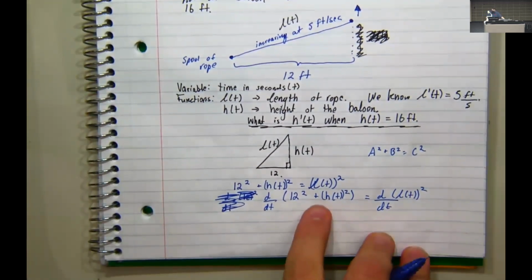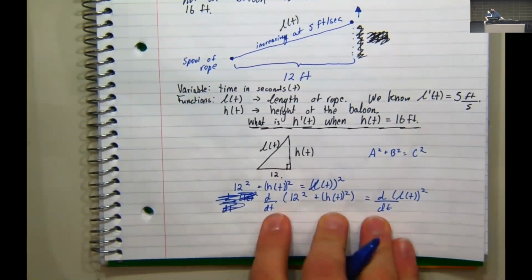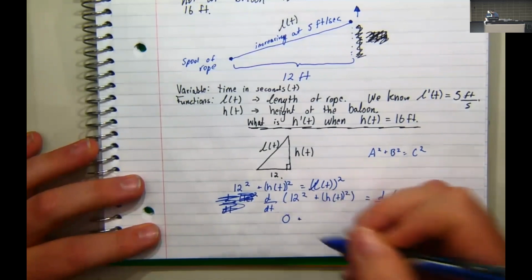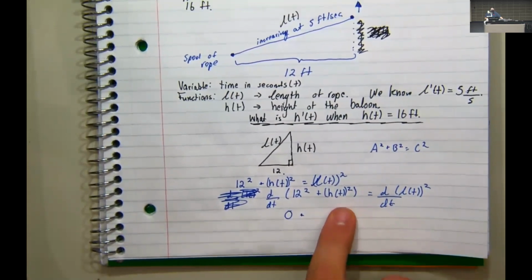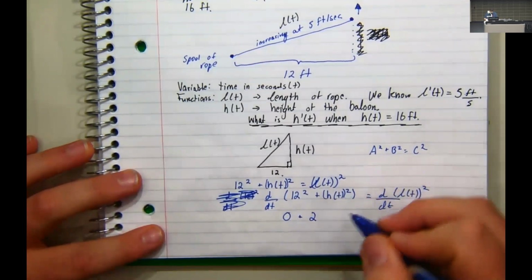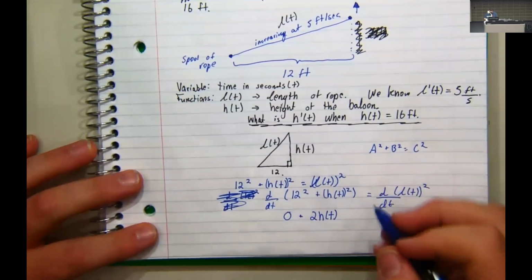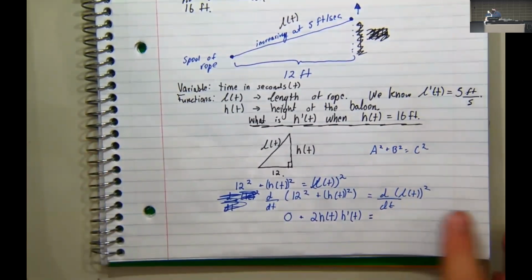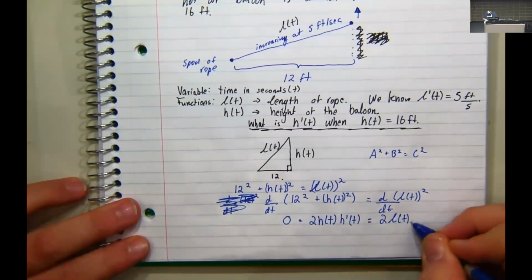Since this is a plus in the middle, we can treat these as two separate terms. What is the derivative of a constant? It is 0. So 0 plus, what is the derivative of h at t squared? Once again, we need to use the chain rule. So we bring the 2 down, keep h at t the same, the 2 becomes 1, and then multiply by the derivative, h prime at t. Same thing on the right side: bring the 2 down, L at t times L prime at t.